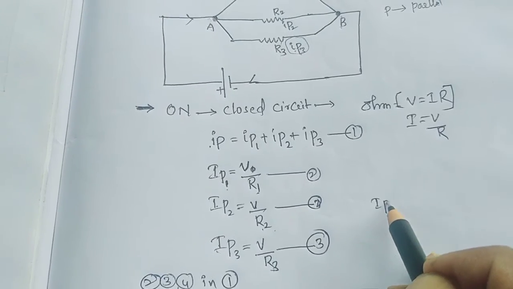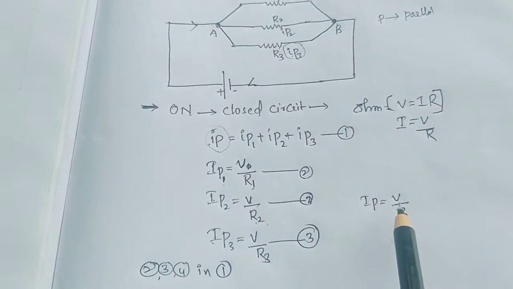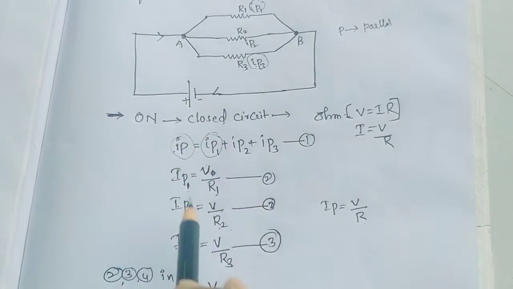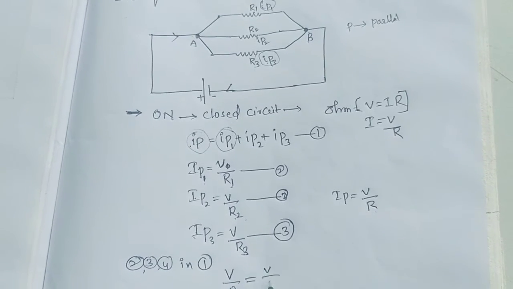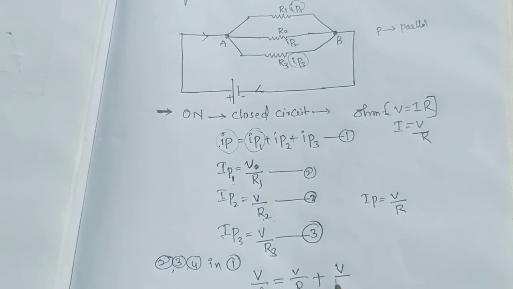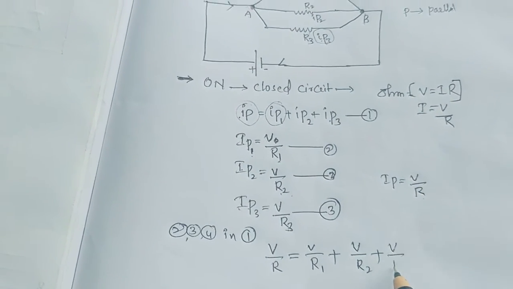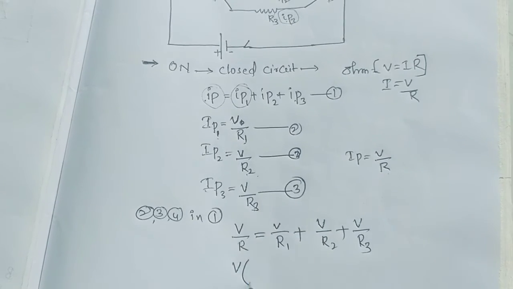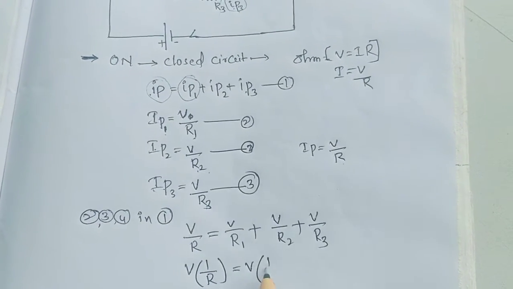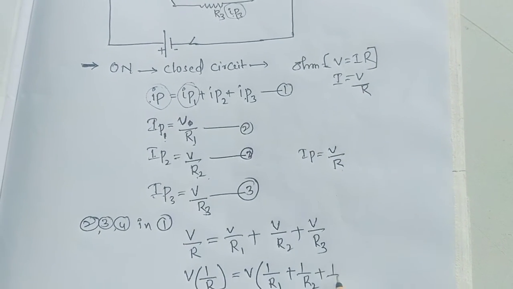Then IP is equal to V by R. So V by R is equal to V by R1 plus V by R2 plus V by R3. Here V is common, so we write V into 1 by R is equal to V into 1 by R1 plus 1 by R2 plus 1 by R3.